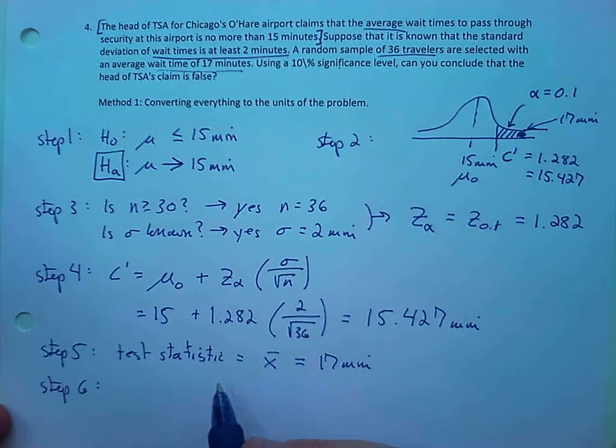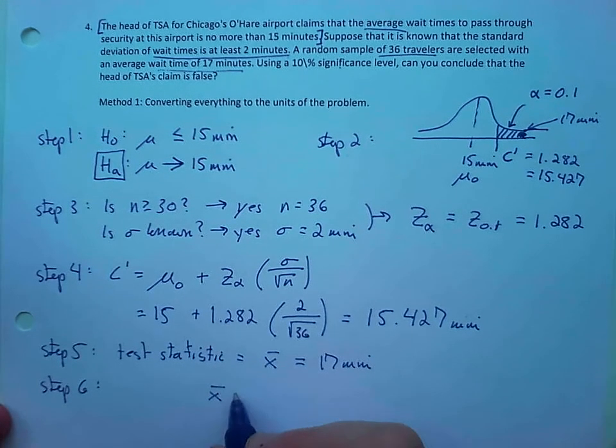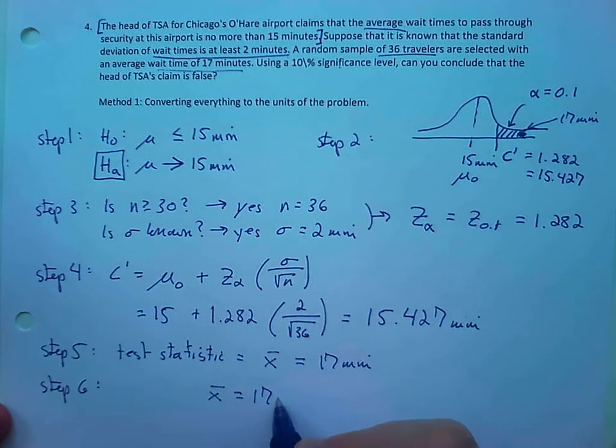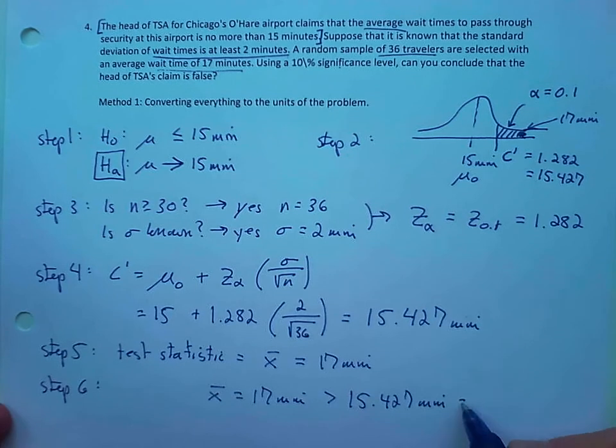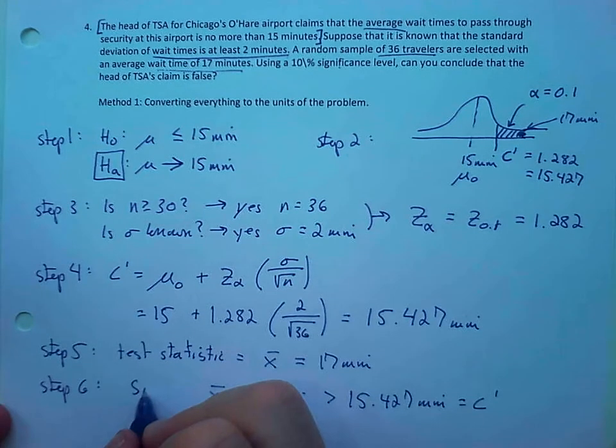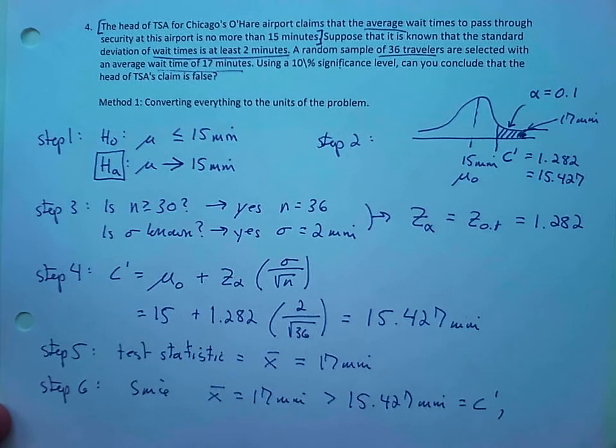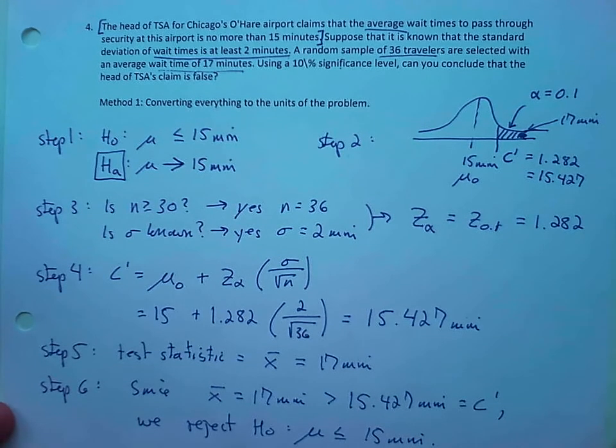Which gets us to step number 6, and we're saying that x bar, which is equal to 17 minutes, is strictly greater than 15.427 minutes, which is our right-hand side critical value. And since this is the case, we reject the null hypothesis that mu is less than or equal to 15 minutes.